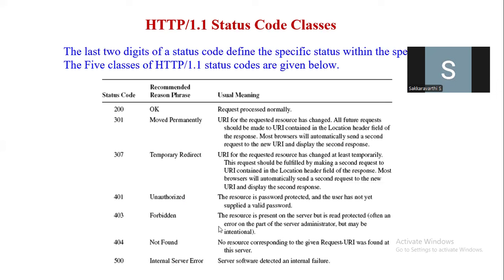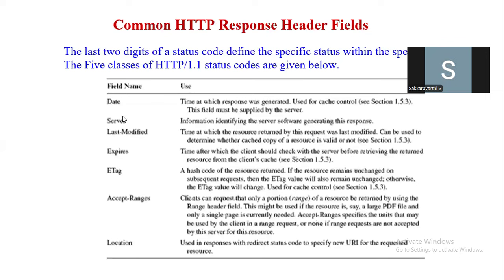Then 403 forbidden: the resource is present on the server but is read protected. Like that, 404 not found, 500 internal error, server error. These are some of the status codes, which are followed by some common response header fields.